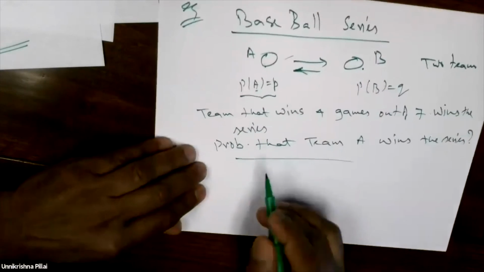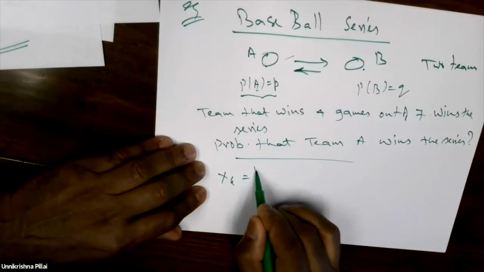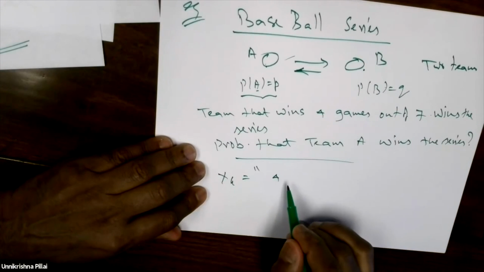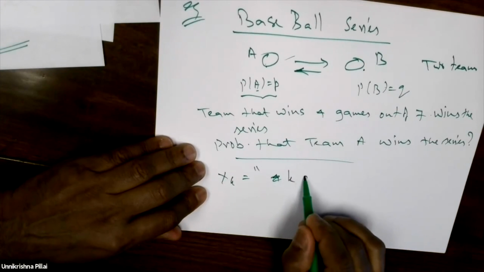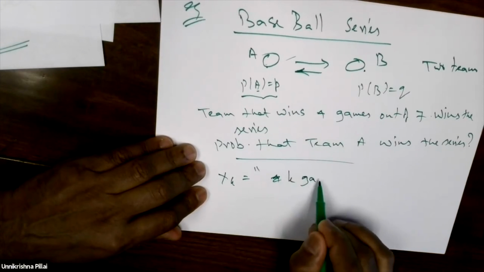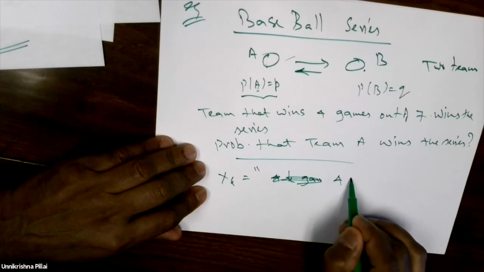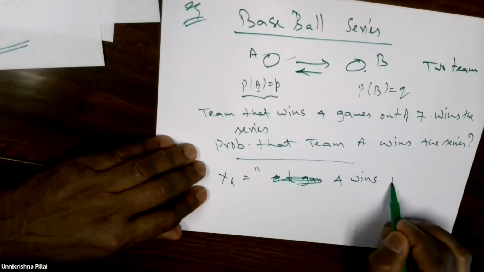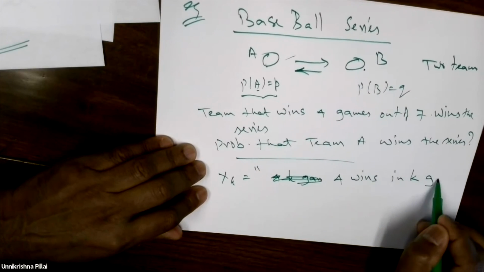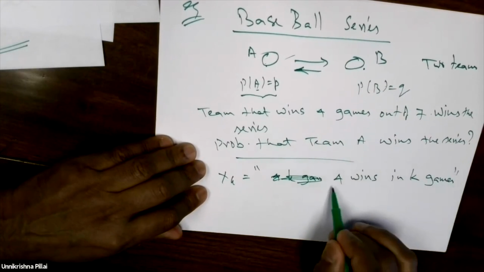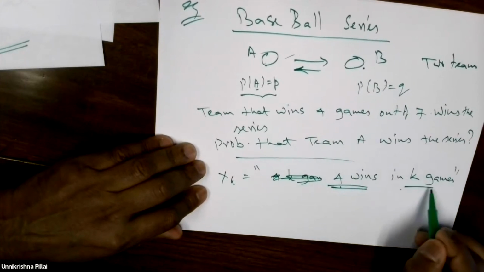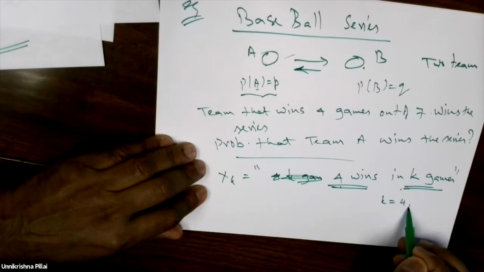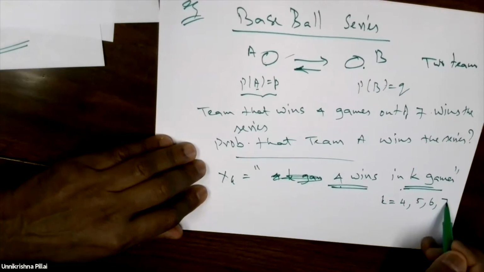So let me define xk to be, you need 4 wins in k games. As you said, k has to be 4, 5, 6, 7.